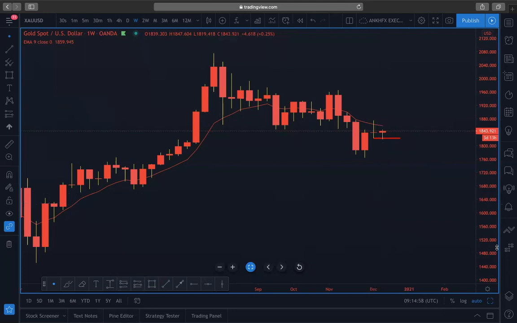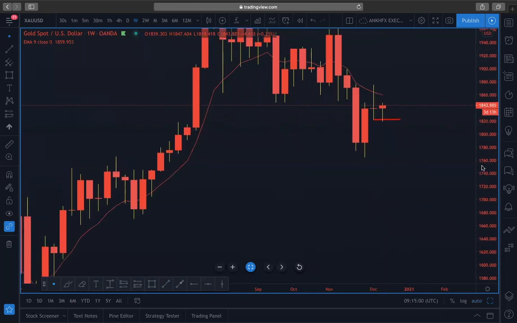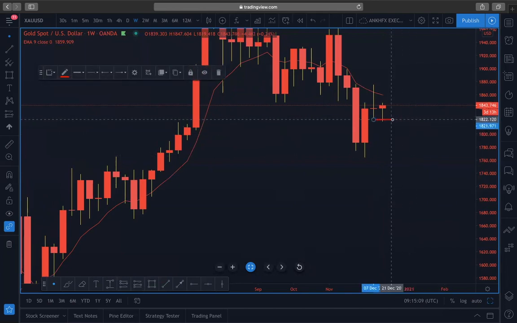It's not a good price to be bought at. And if the market is gonna push further up, we need better prices, right?